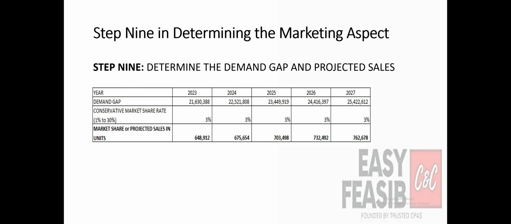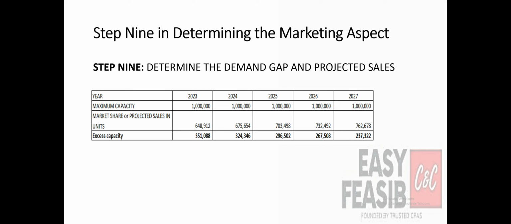We need to compare the projected sales in units to the maximum capacity. Let's say that the maximum capacity of Burger Queen is only to produce 1 million burgers annually. If the maximum capacity is greater than the projected sales in units, then the excess demand that we wish to cover is serviceable. If the maximum capacity is lower than the projected sales in units, then the excess demand that we wish to cover is not serviceable.